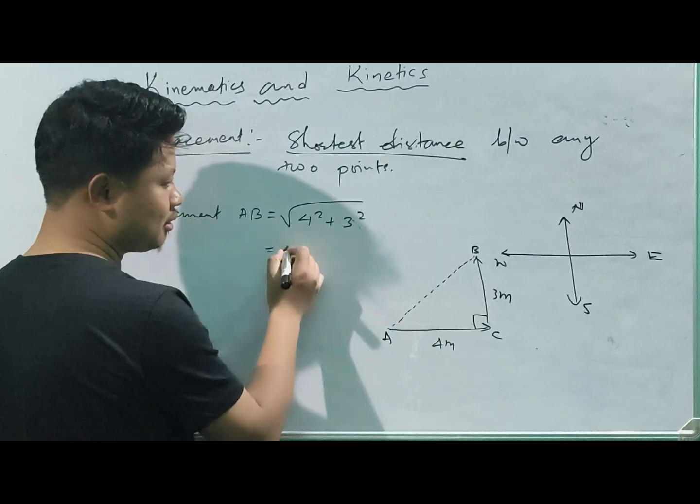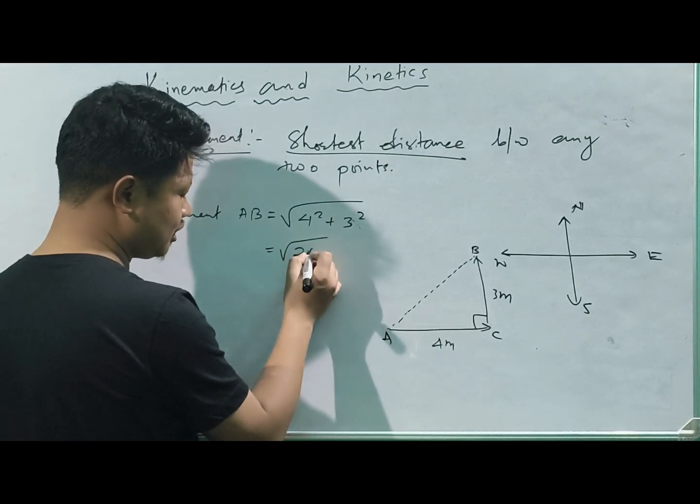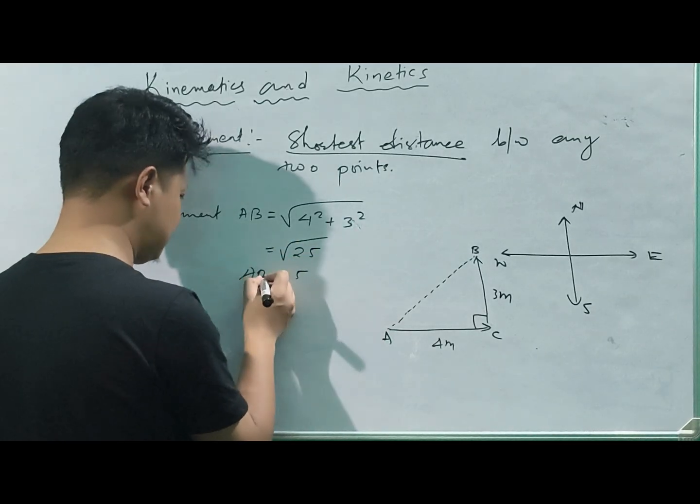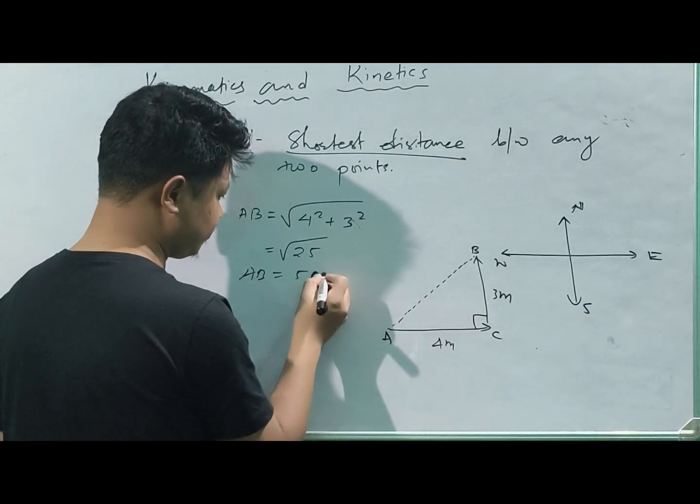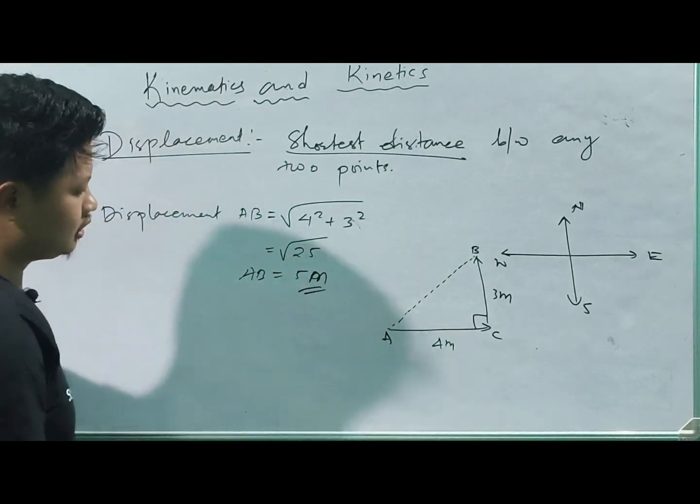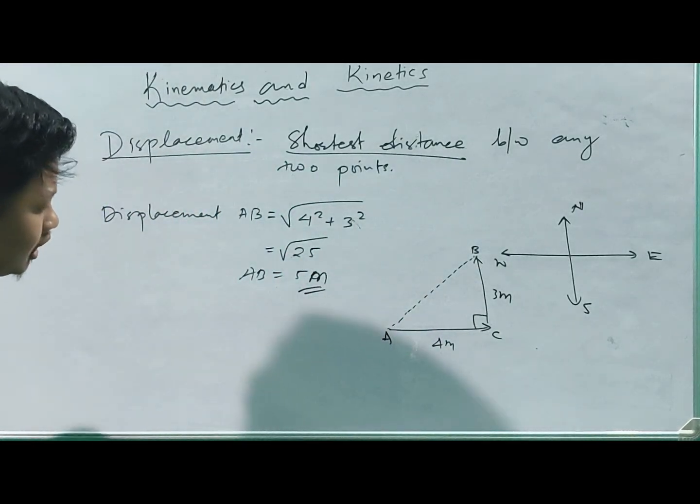So it will be 16 plus 9, so it will be 25, so it will be 5. So AB will be equal to 5 meter. Okay, so AB is the displacement.